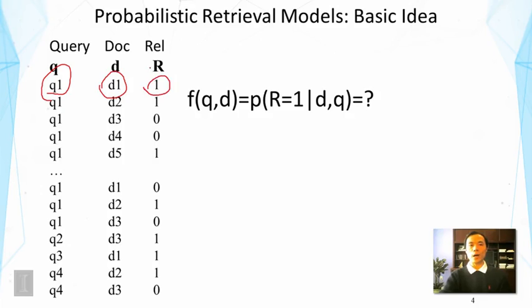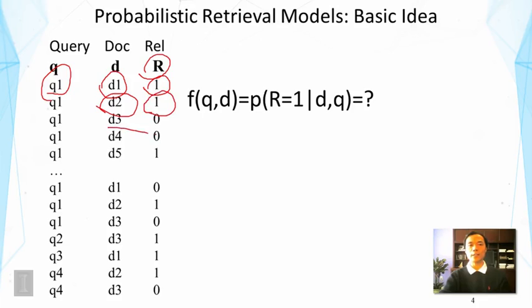So this R here can also be approximated by the click-through data that a search engine can collect by watching how you interact with the search results. In this case, let's say the user clicked on this document, so there's a 1 here. Similarly, the user clicked on D2 also, so there is a 1 here. In other words, D2 is assumed to be relevant to Q1.